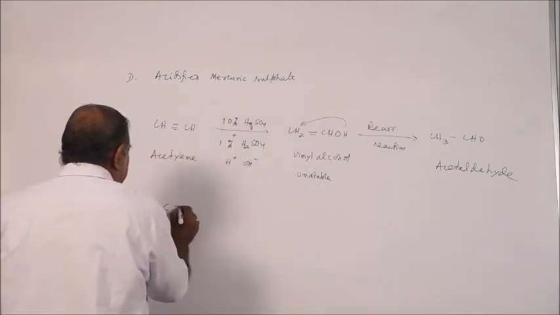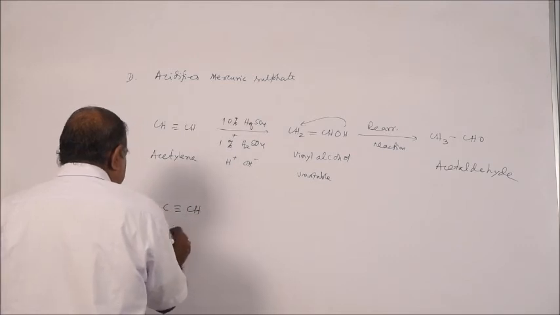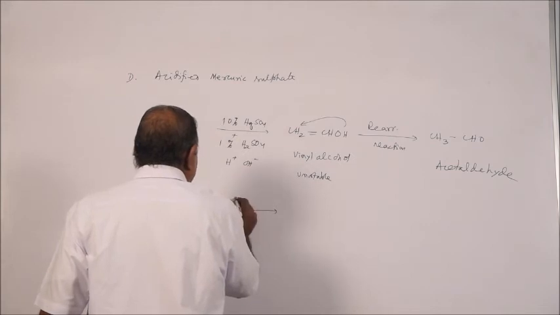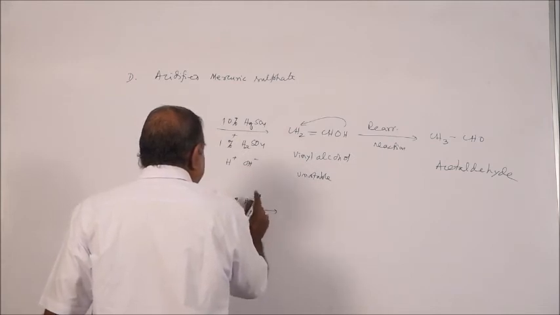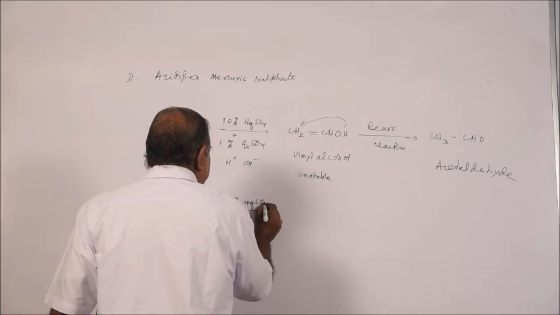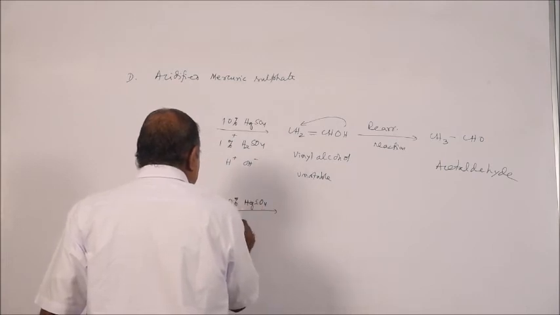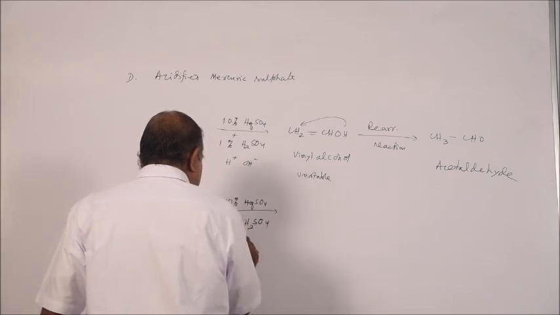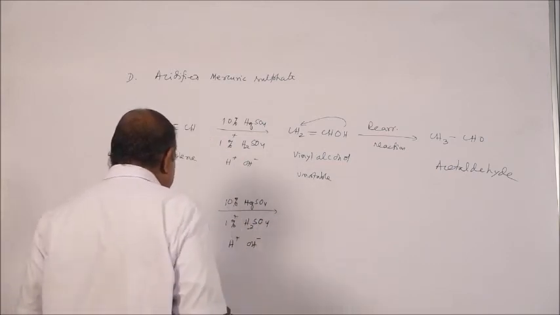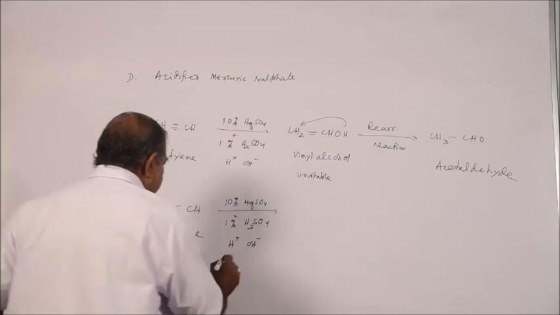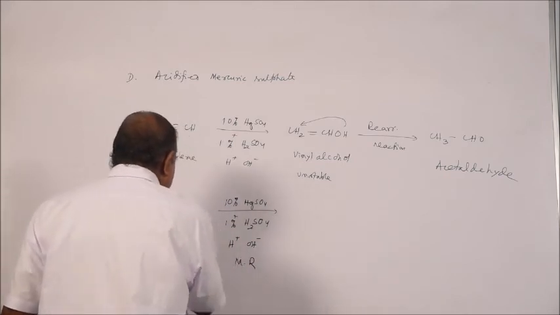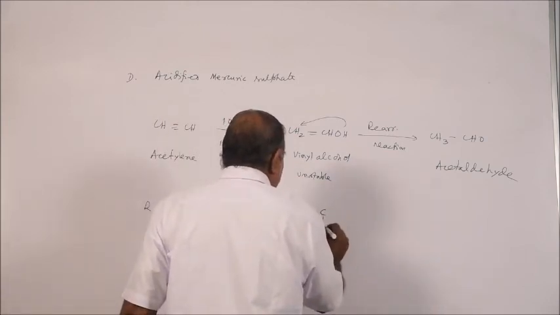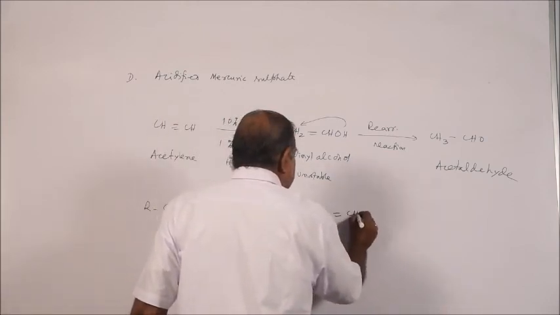If you are taking any other alkyne in general, when treated with acidified mercuric sulfate, which is 10% mercuric sulfate along with 1% sulfuric acid, the H plus and OH minus produced will add according to Markovnikov's rule because the molecule is unsymmetrical. So you are getting RC(OH)=CH2.